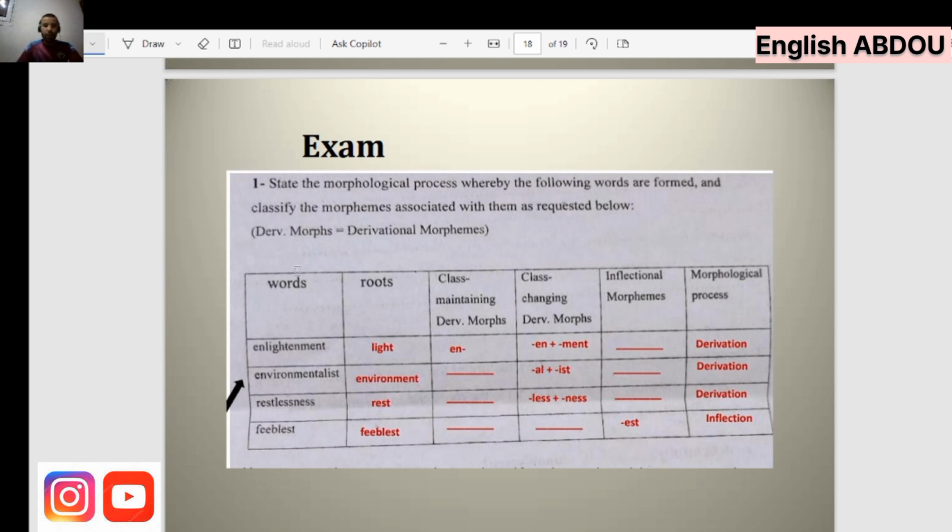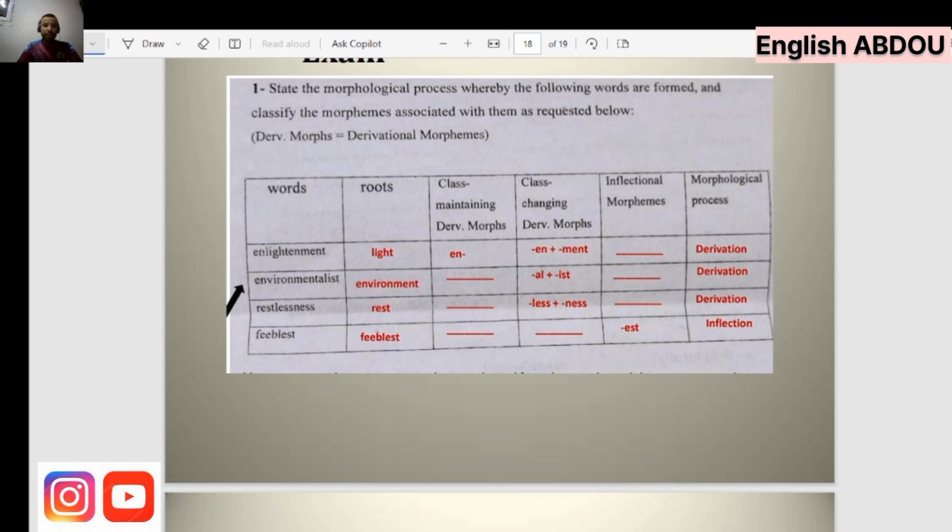So we have here a word, and you are requested to divide this word into its roots. Is it class maintaining or class changing? Is it an inflectional morpheme or a derivational morpheme? This is an example, and you can do it by yourself, inshallah, to make this image clear in your mind.